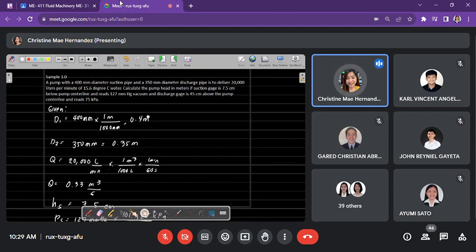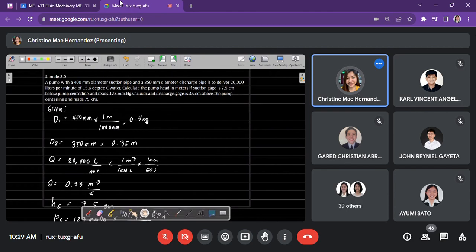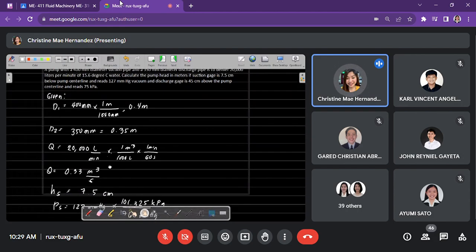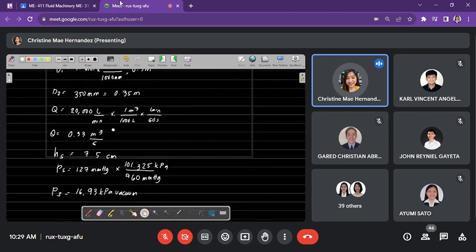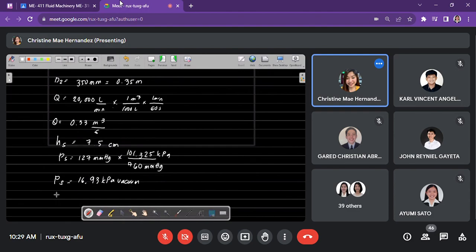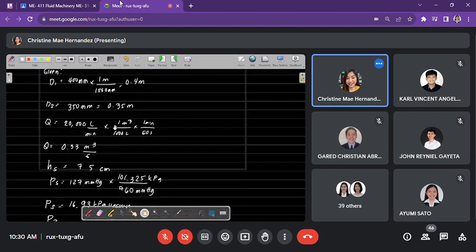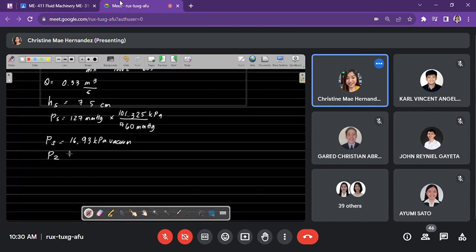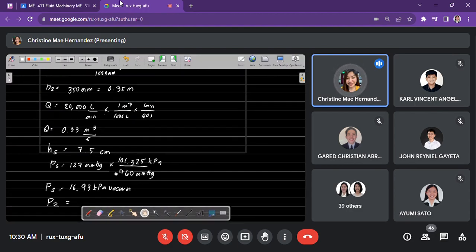Cm below center line, and the discharge is 45 cm above the pump. Discharge gauge. Okay, gauge pressure pala siya, and reads P2, 75 kPa discharge.